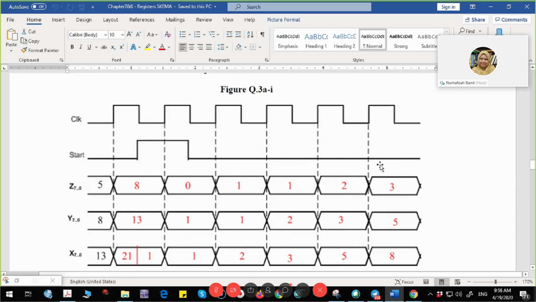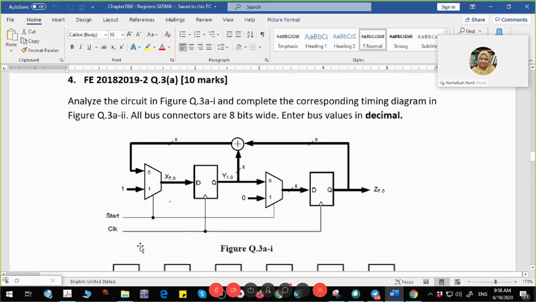And if you do simulation, the simulation default will start from 0. So probably when you do your simulation, in the beginning you will get some different answers, but after some time you will get the correct answer. Once you reach 5, 8, 13, but this one is 21 because of this start. The start will clear.